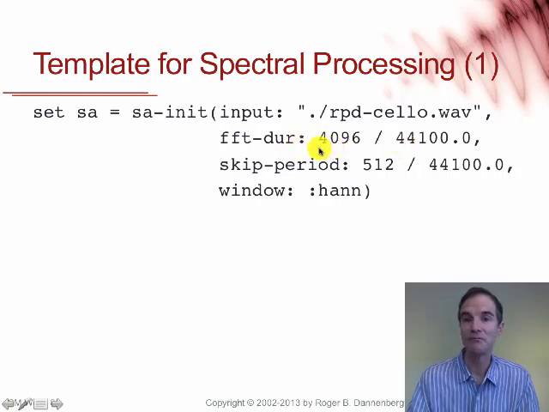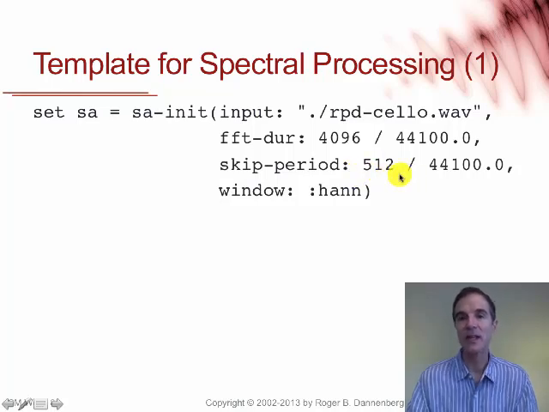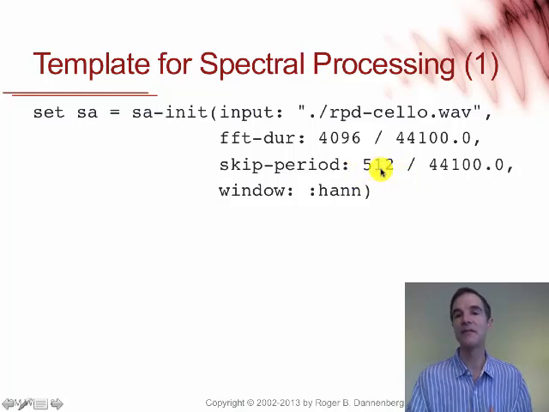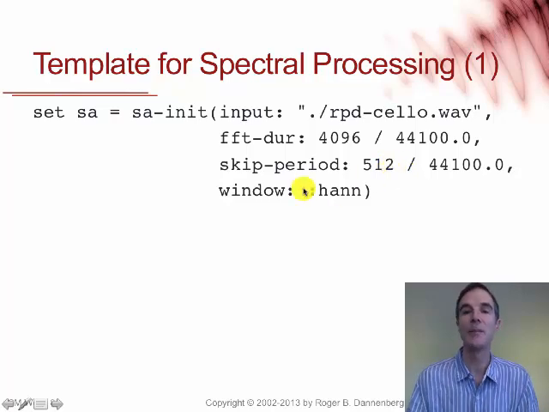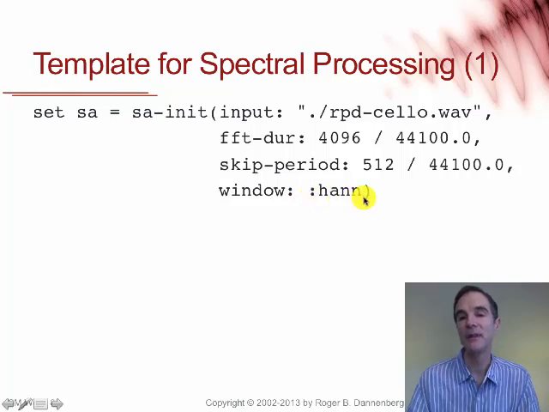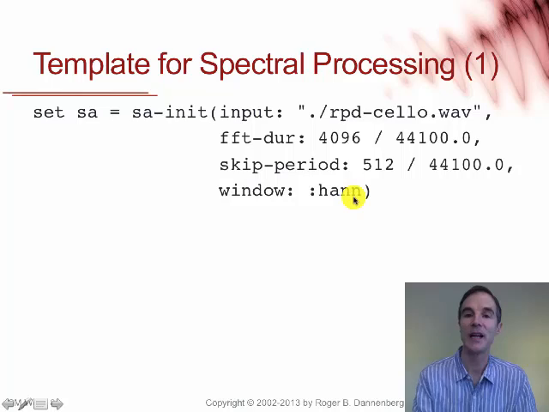So take the number of points of the FFT and divide by the sample rate. There's a skip period, which is how many samples. So in this case, 512 is an 8-way overlap, and a window function, which would probably be this constant, Hann, for a Hann or Hanning window.